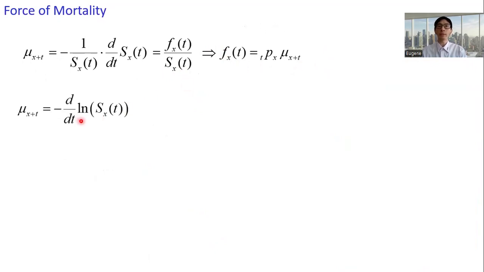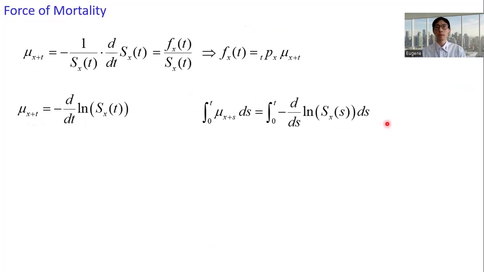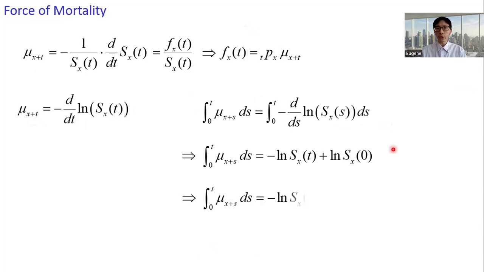Here we will have a similar derivation. Given that we have the force of mortality mu x plus t, we can get the survival probability tpx. So we have the same derivation, and then we can obtain an expression for tpx.